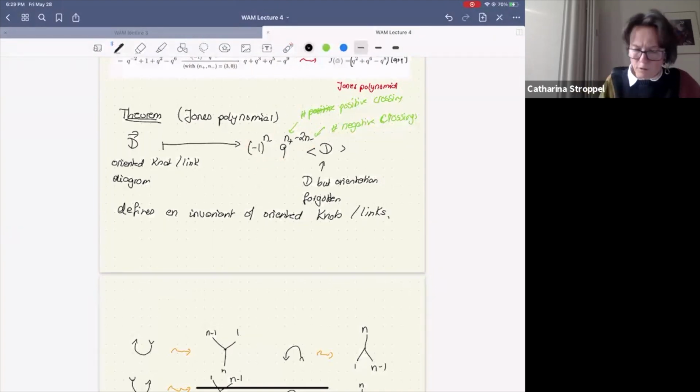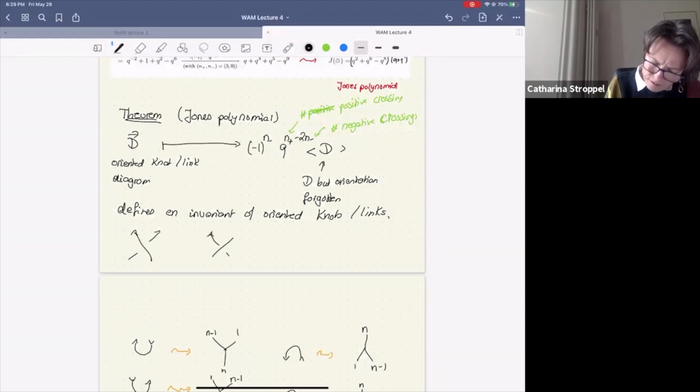So what do I mean by positive and negative crossing? I have 2 types of crossings, this one and this one. Say I orient up. Then positive means, when I take the upper strand and I move it to the lower strand, so I turn it like this, if I go in the mathematical positive direction, then it's a positive crossing. So this would be a positive crossing.